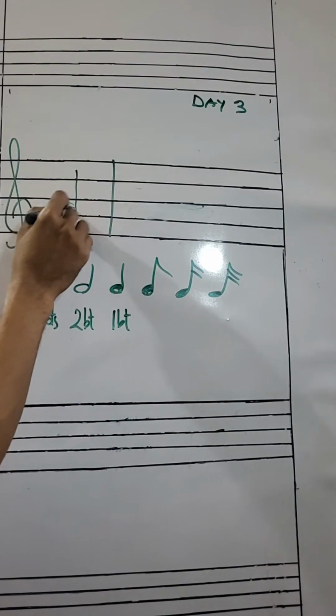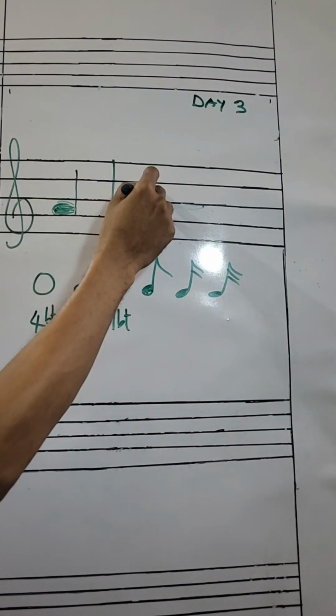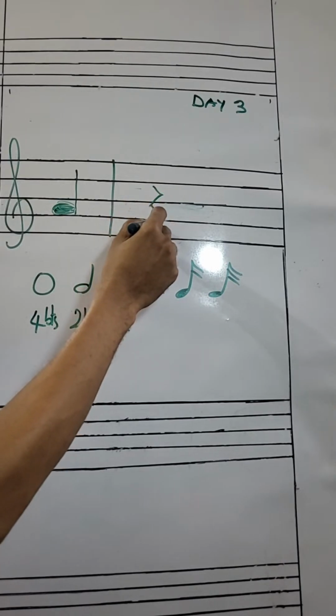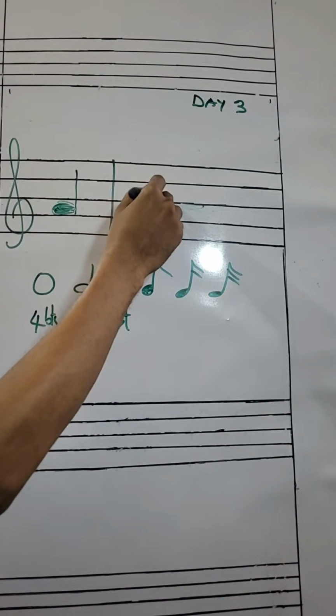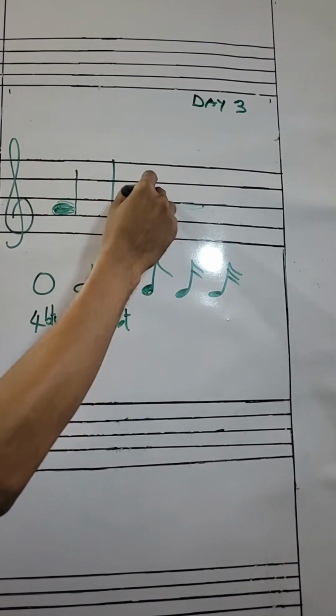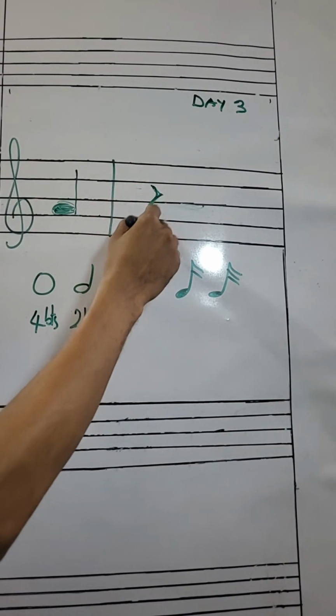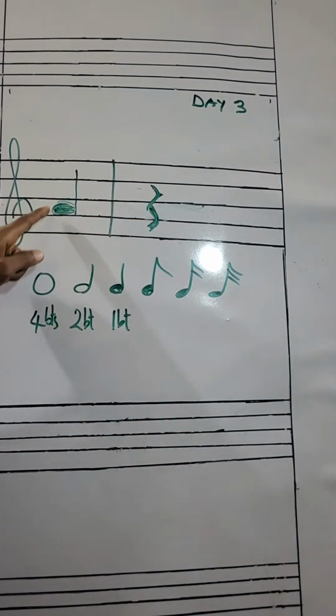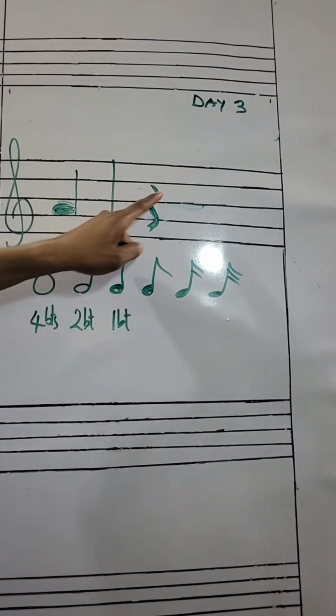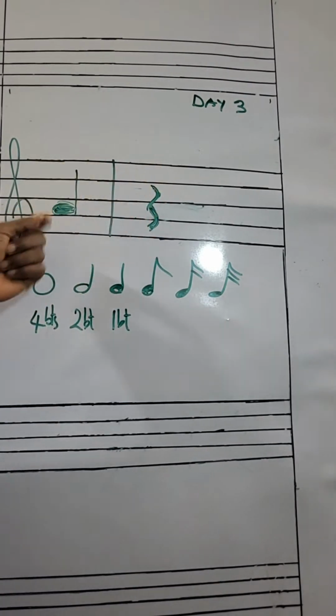And the rest sign for your quarter note is like a unicorn. The rest sign for your quarter notes is like this. So anytime you see a rest sign like this, that means it's for this quarter note.